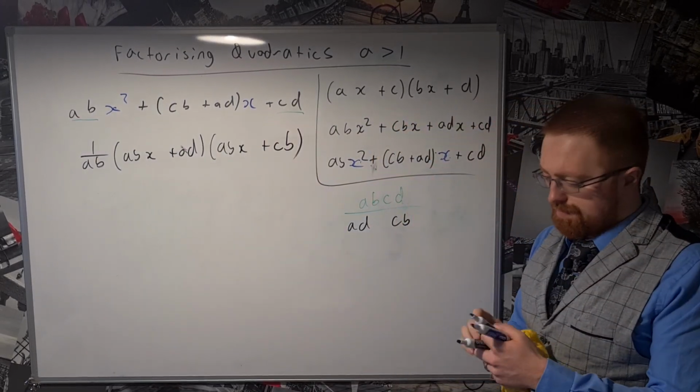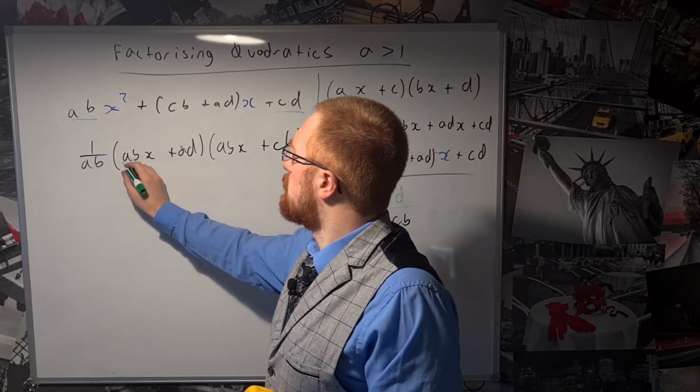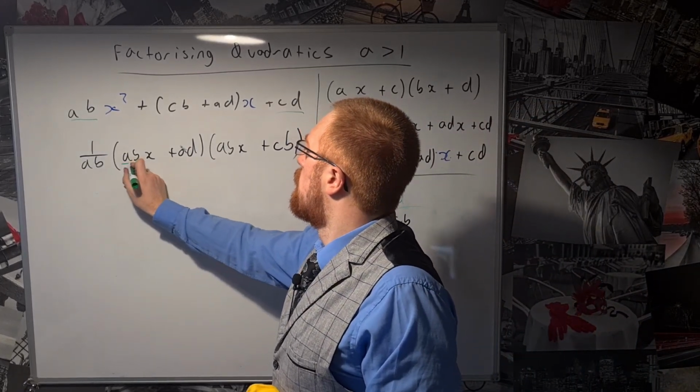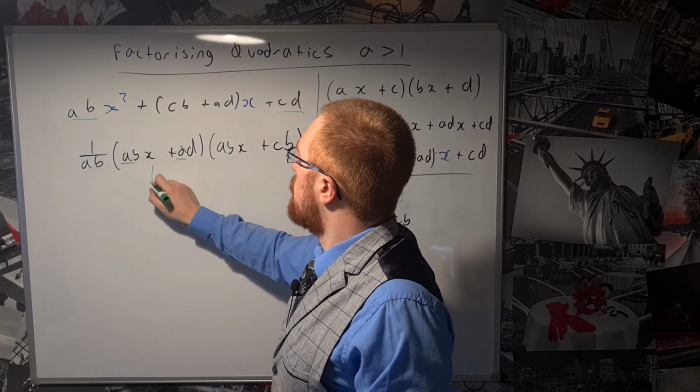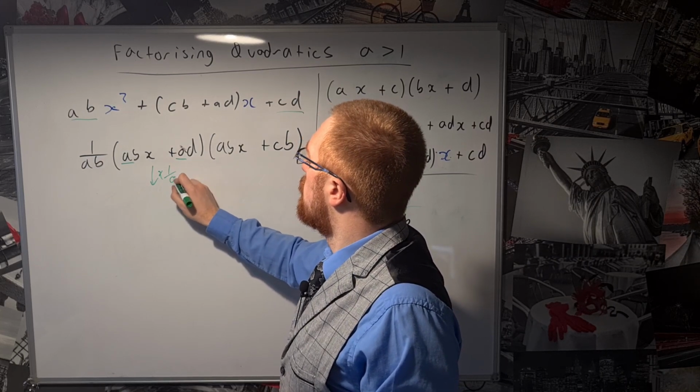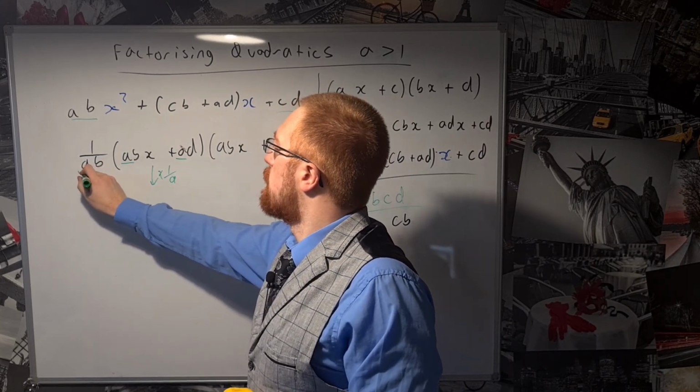And what you should see is the highest common factor here is a, so we're going to times by 1 over a, which is this a.